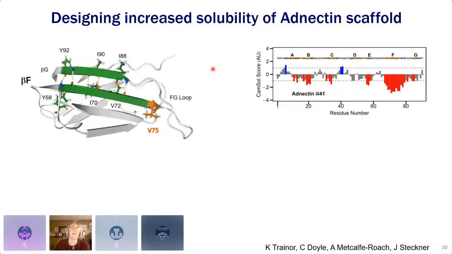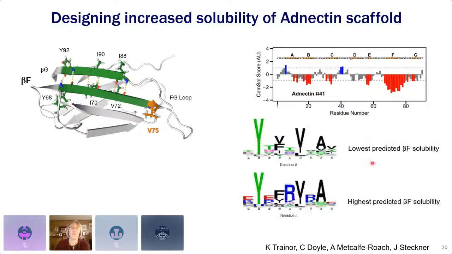So what we did was predict the solubility for a large data set of homologs of adnectins. In the conserved domain database, there are over 740 of these. You can group them according to which ones are predicted to have the lowest solubility F beta strand and which have the highest solubility F strand.